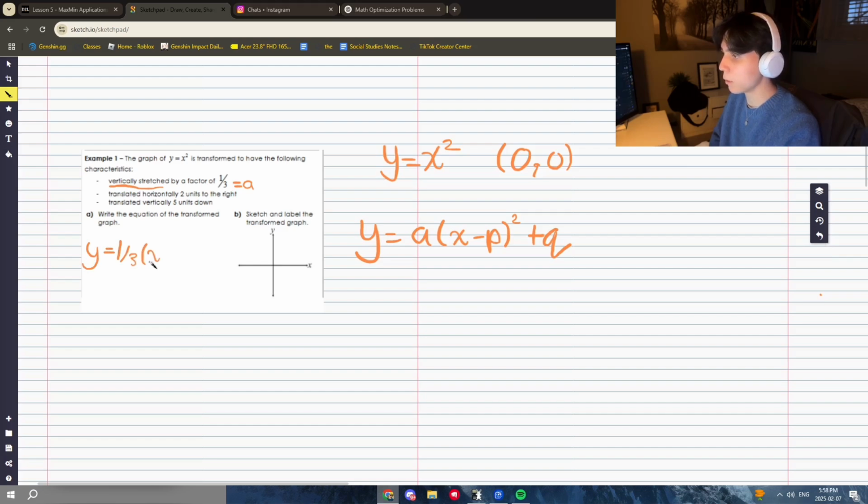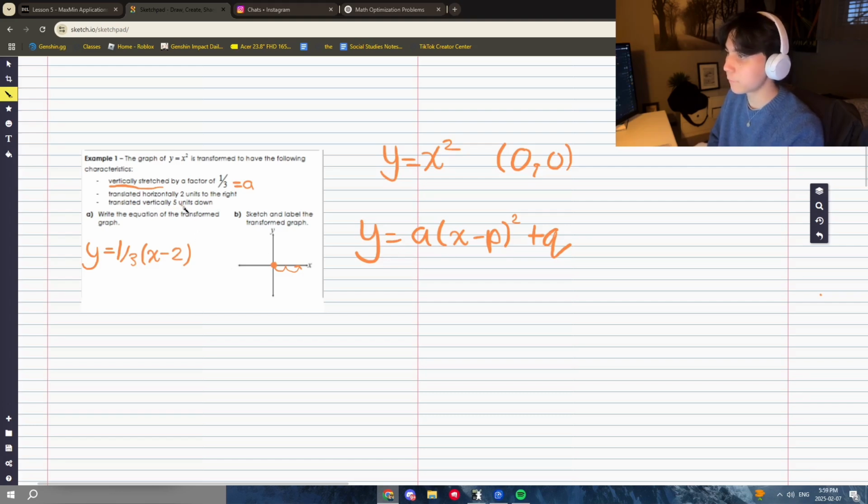But that isn't the only information we're given here. It says it's translated 2 units to the right. So if we have our point here, where y equals x squared is our original equation, if it's translated 2 units to the right, then we would have our point at 2, 0. So our vertex is going to be x minus 2, and we're just going to plug in a 2 here.